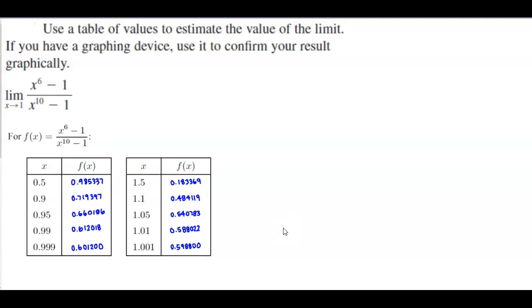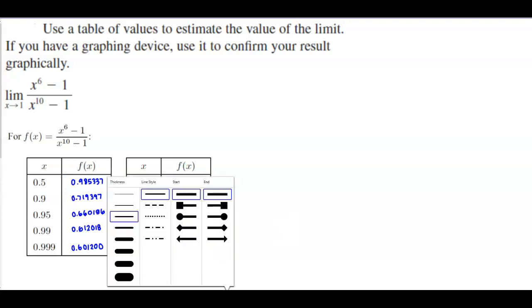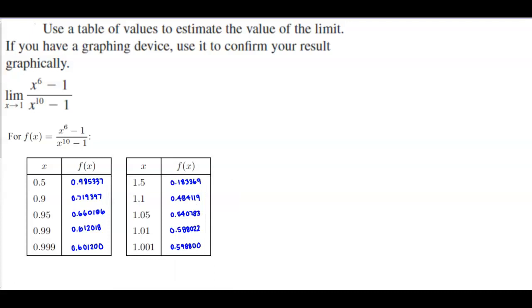So let's go ahead and take a look at this here. If we want to find out what happens when we find the limit as x is approaching 1 from the left of this function, (x^6 - 1) over (x^10 - 1), as it is approaching 1 from the left, we can see here that it ends up being 0.6.